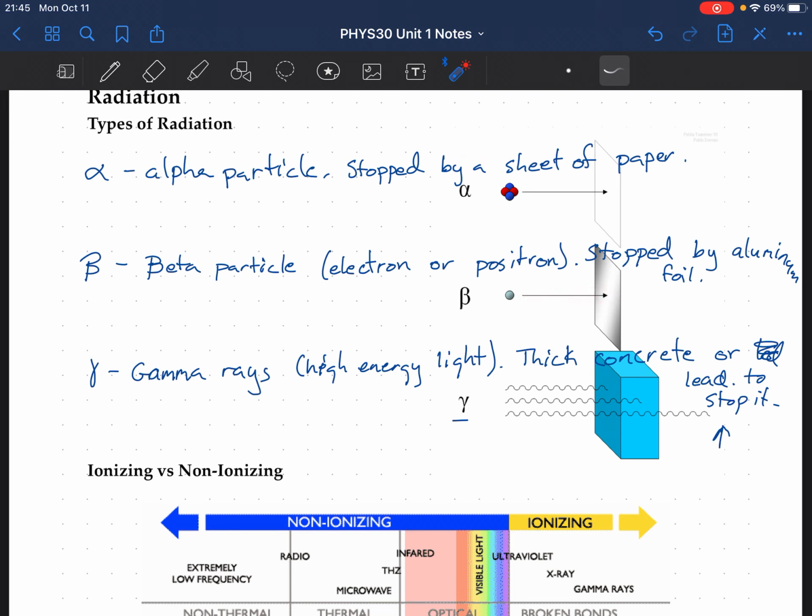Gamma rays. This is a high energy light, short wavelength. Remember, they're inversely proportional. Short wavelength, high energy light can be stopped by thick concrete or lead. As you're watching the Battle for Chernobyl, and you'll see them talk more about radiation, you'll have to look at the kinds of clothes that they decide to wear.